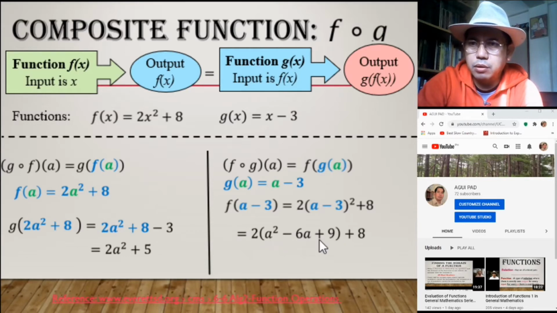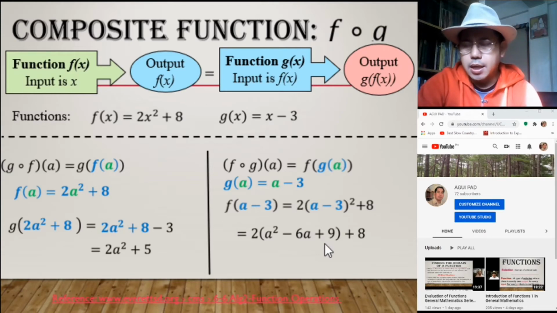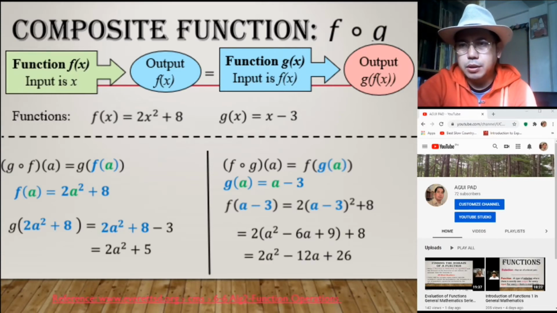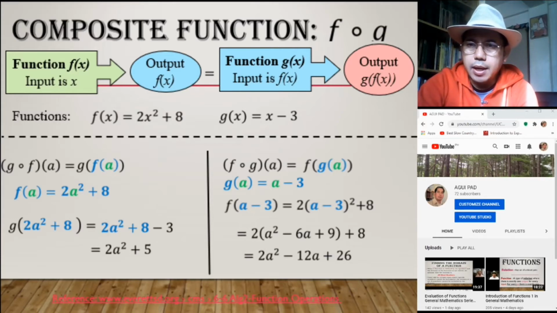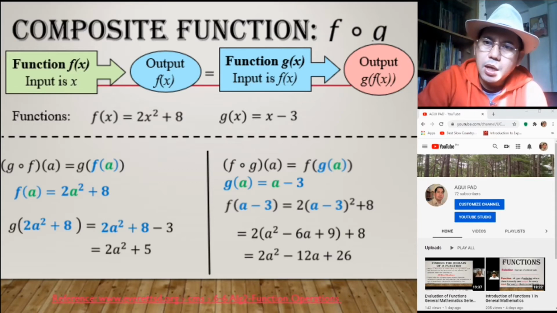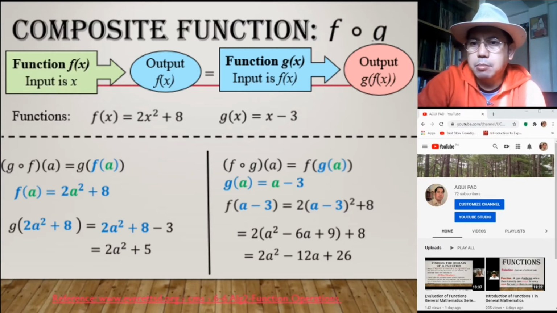That is the expanded form of a minus 3 raised to the second power, of course multiplied with its original multiplicand, that is 2. So 2 multiplied by the quantity a raised to 2 minus 6a plus 9, and plus 8. Now what would be the result? That is 2a raised to 2 minus 12a plus 26. Where did this 26 come from? 2 multiplied by 9 will give you 18, plus 8 will give you 26.